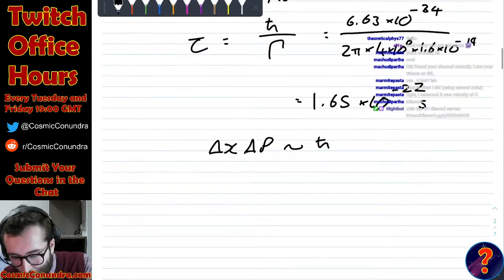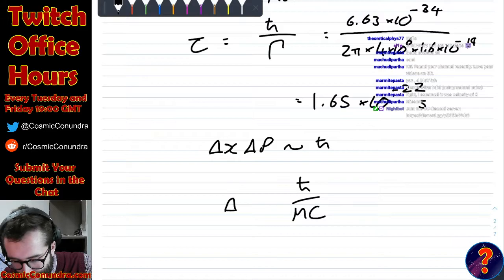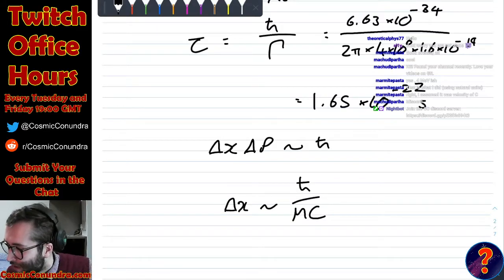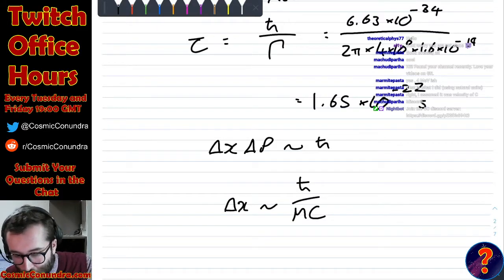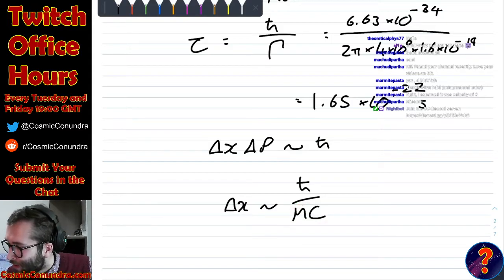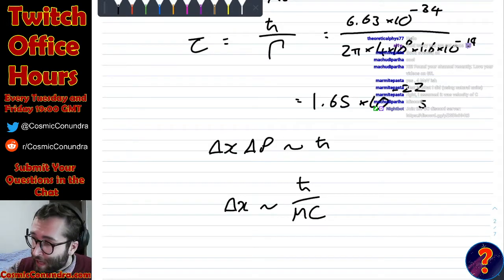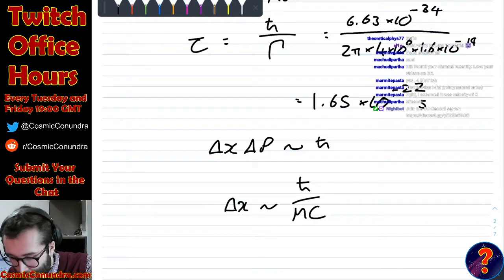So you said you used h bar over mc to try and estimate the uncertainty in the position, but again, you can't just use mc for the momentum here. Even if the particle was traveling at the speed of light, you can't just take its mass and multiply it by its velocity.